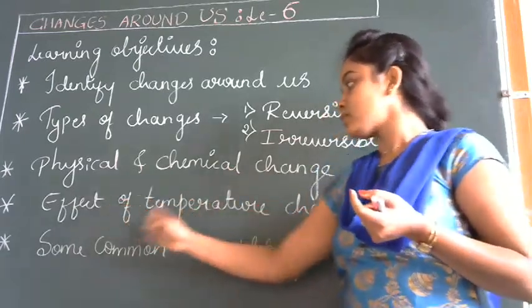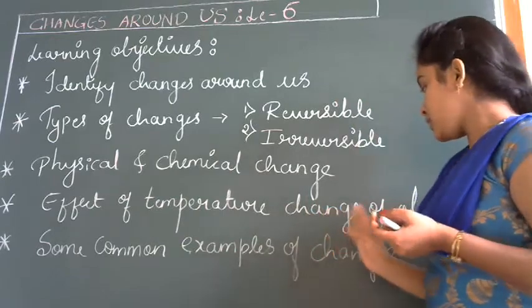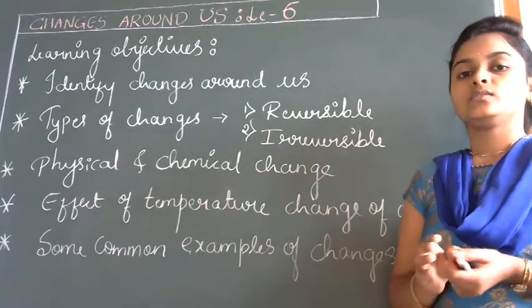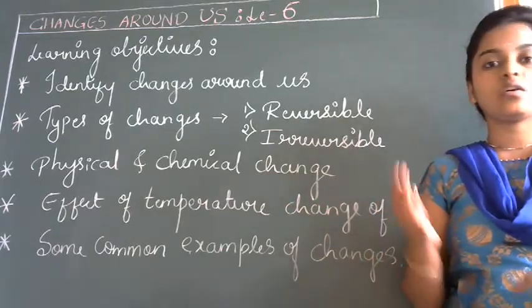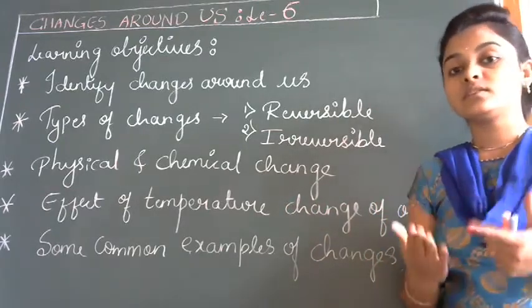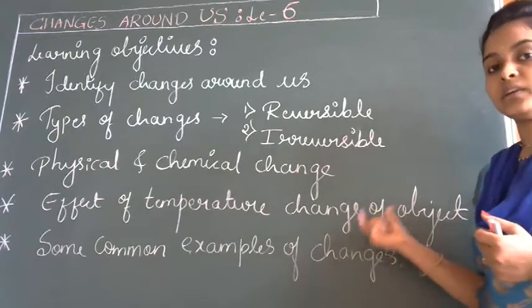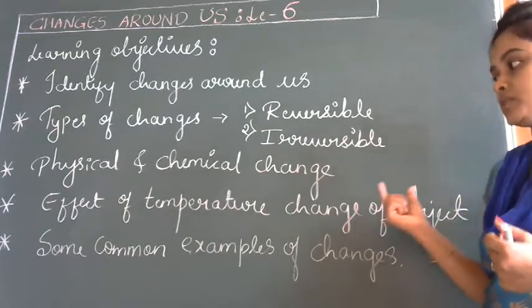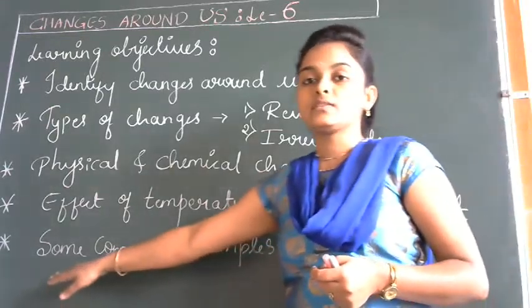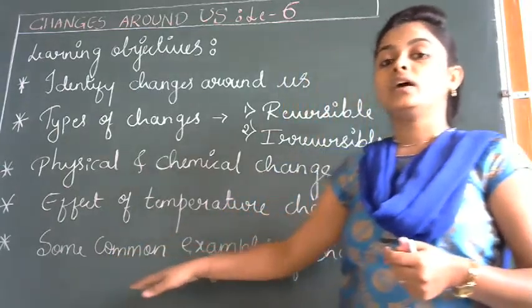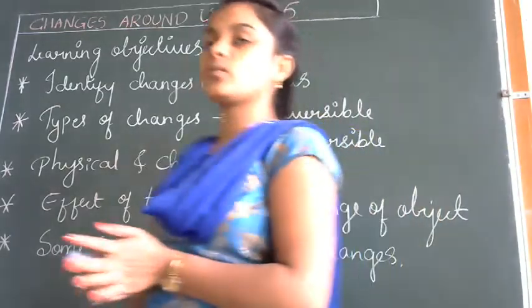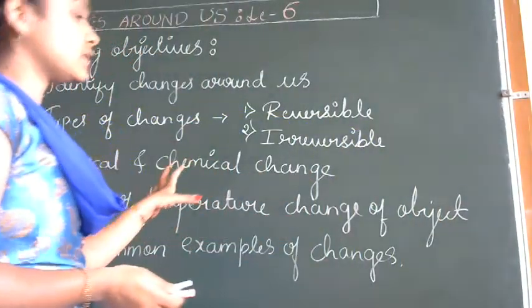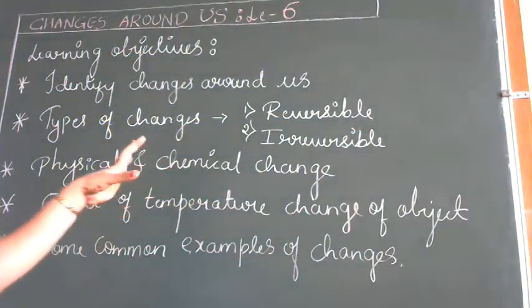Next, the effect of temperature change on an object: when the temperature of any object increases or decreases, what is the change in that particular material. Last, we will see some common examples related to changes. So these are the objectives of this lesson that we are going to study, right?